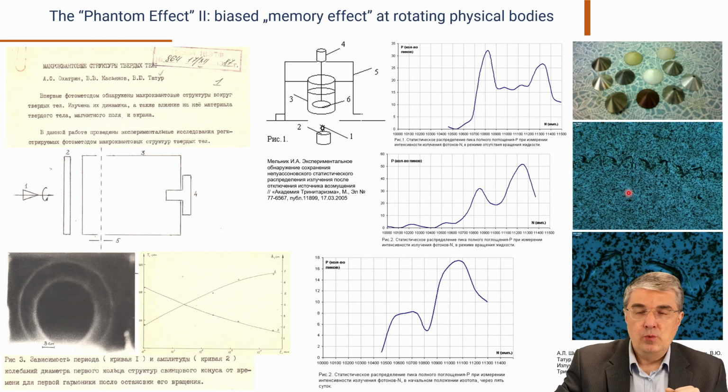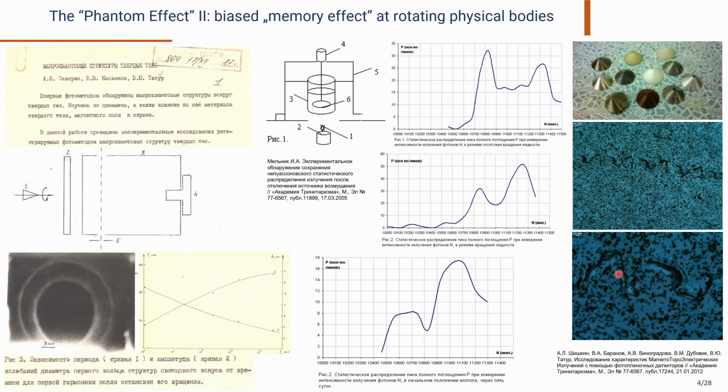There are two phenomena to note. First, it seems these rotating bodies are able to exert some physical influences on material. For instance, photographic films had some physical traces that remained from this rotation.